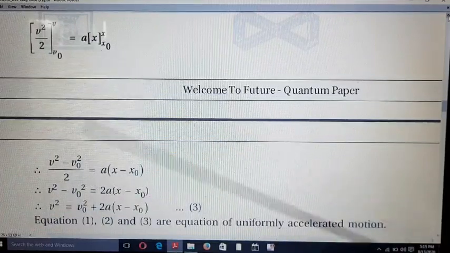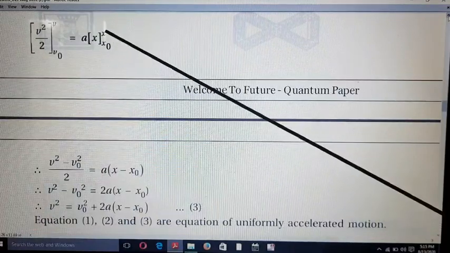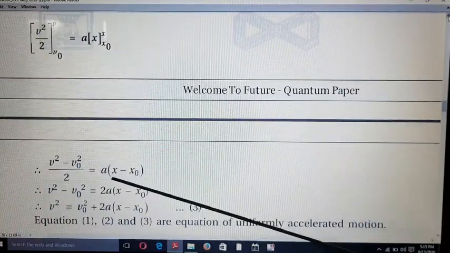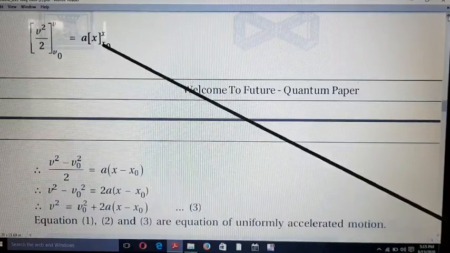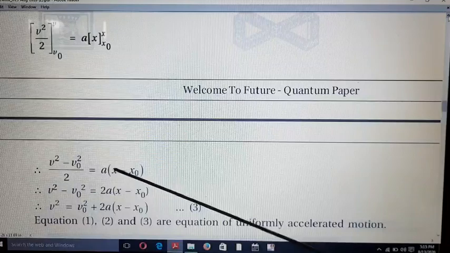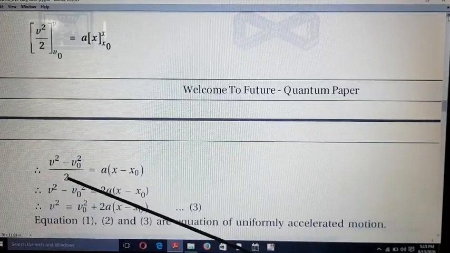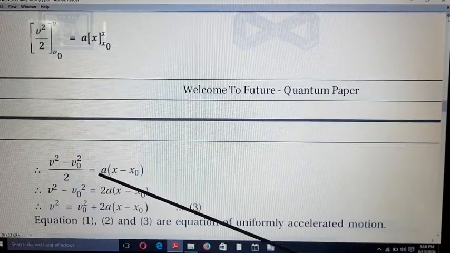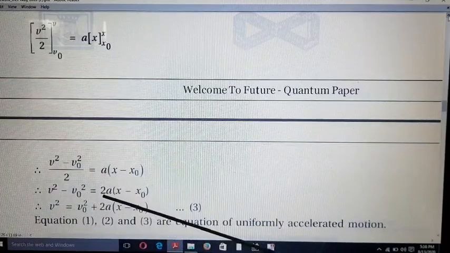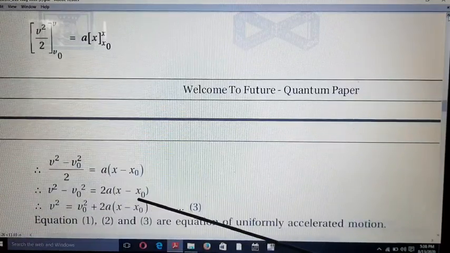On the right hand side a as it is: for the upper limit x, and after that the lower limit, x minus x0. This 2 is moved to the right hand side. So we get v square minus v0 square is equal to 2a times x minus x0.